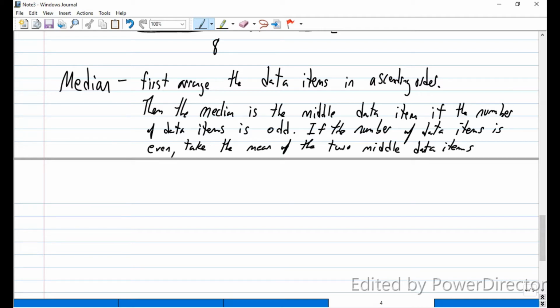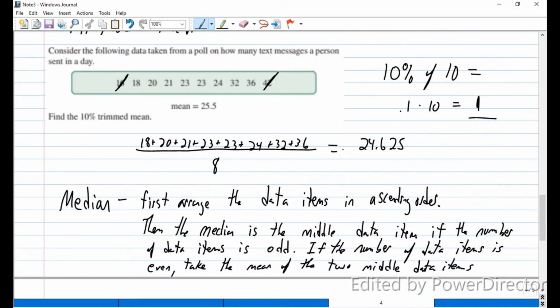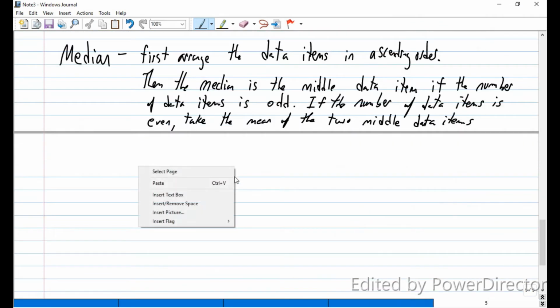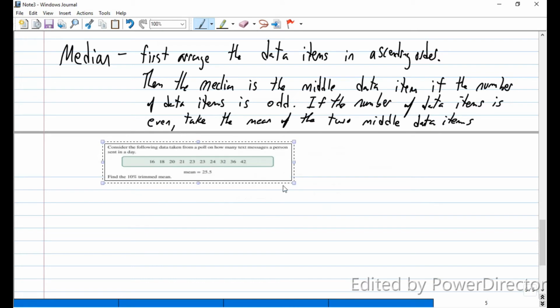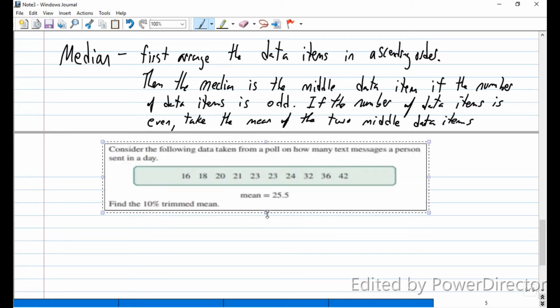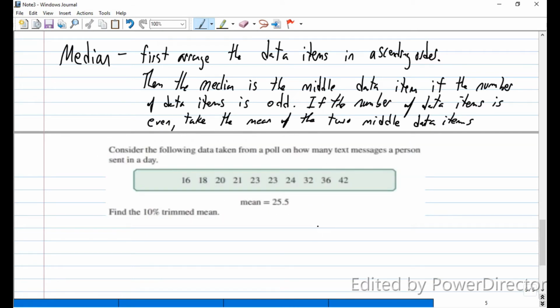So let's just take that same data set up here. I'm just going to copy it again and paste it again. All right. What if I want to find the median here? Well, there's 10 data items, so there's not a data item exactly in the middle.